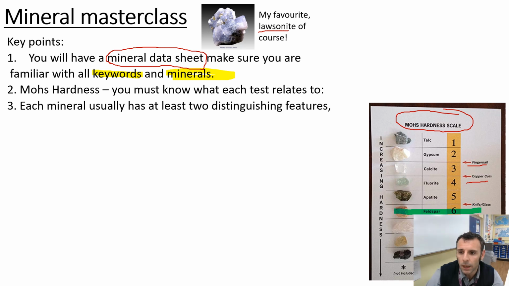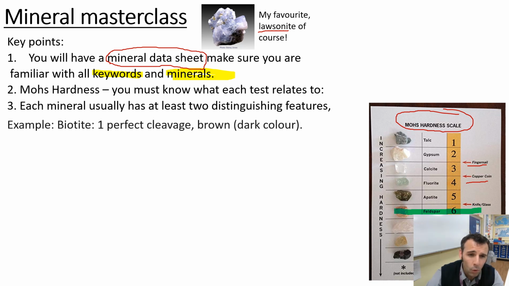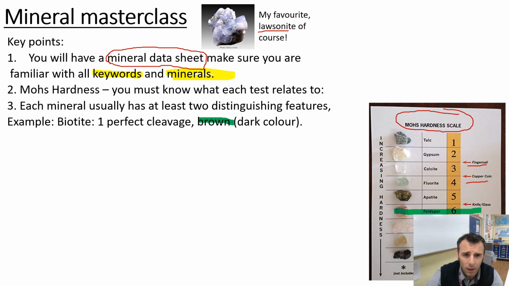So this one is clearly one that you've all seen before, and it's biotite, and there's the brown colour, the cleavage. We can also do the scratch test on this one. That scratches it, that's a nail, and this should scratch it, which it does. So that tells you that it's this sort of hardness in here. If we look at our mineral data sheet, you'll see that biotite mica has a hardness of 2.5 to 3. So although we're looking at 2, there are other distinguishing features as well for that one.